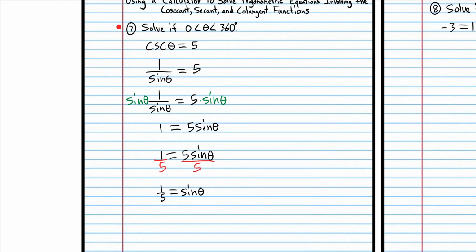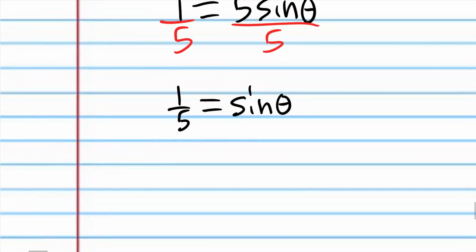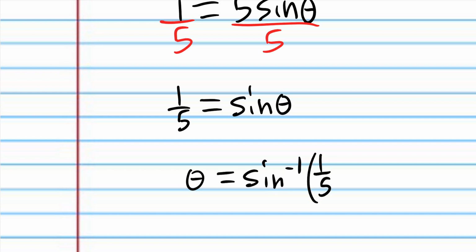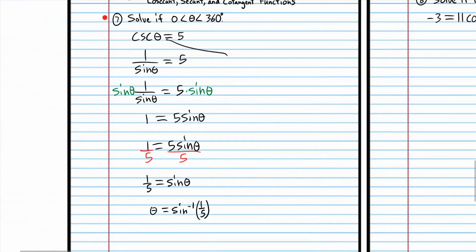So what is the point? Why do we do that? Well, again, in order to find this angle, we'd have to use the cosecant inverse button on our calculator, but we don't have that button. But we do have a sine inverse button. Theta is equal to sine inverse of 1/5. So the theta that you see here is the same theta that you see up there.